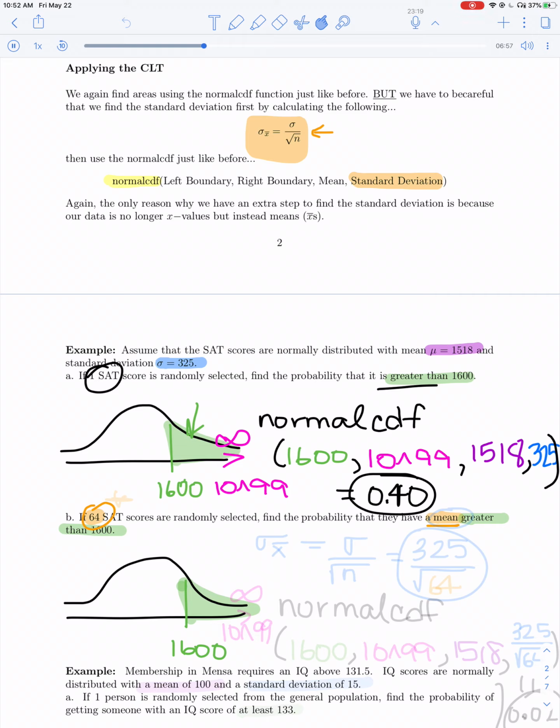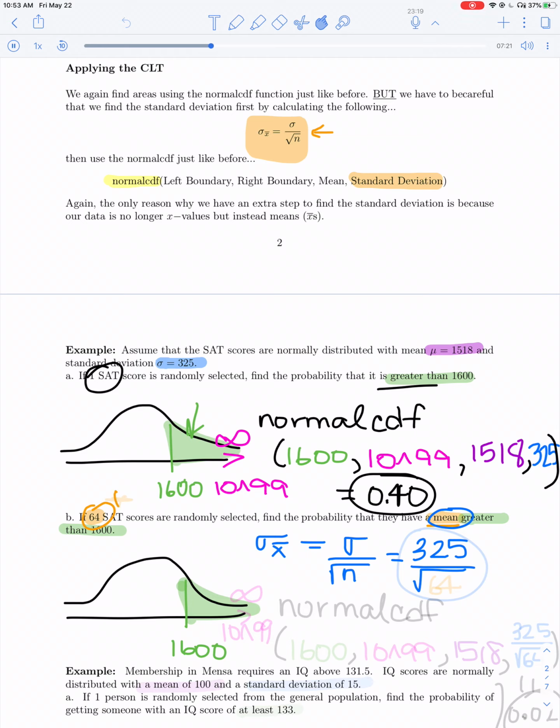Well, our formula says to find the standard deviation for our means here, because we have a mean, we take the regular standard deviation and divide by the square root of n. Well, our regular standard deviation we used in the last problem was 325. We've just got to take that and divide by the square root of our sample size.